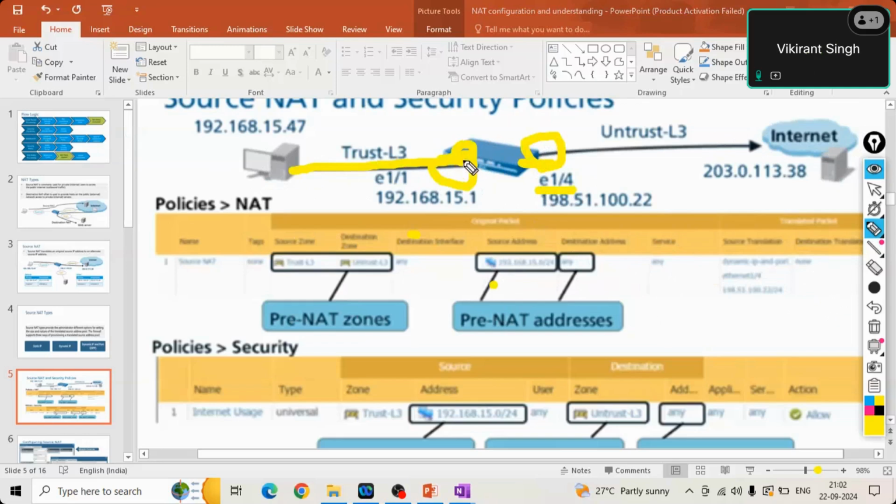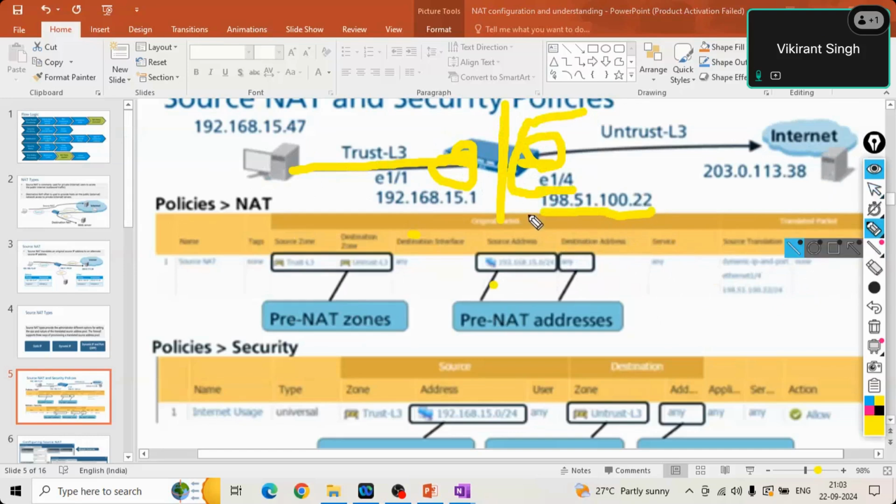We know until here, until our laptop, our LAN network reaches the Palo Alto firewall. Now translation will happen. So translation interface would be 1/4, and translation IP would be 198.51.100.22. This is our public IP, I mean, consider it as a public IP. So we will configure it here. Now NATing is complete. NAT policy is completed.